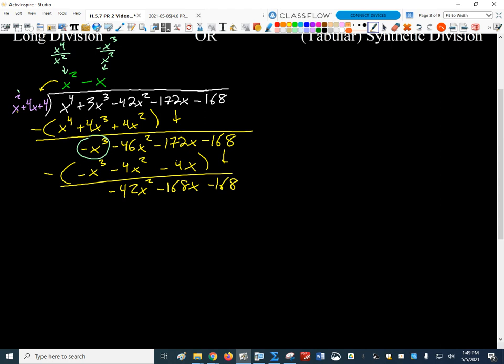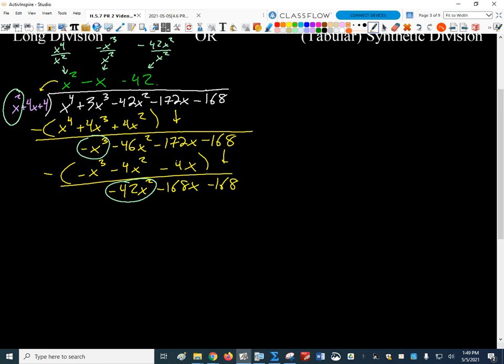So I've got my negative 42x squared divided by x squared. What's that give me? Negative 42. Good. So there's my next term. And we know that's going to be the last one because it's a constant, right?